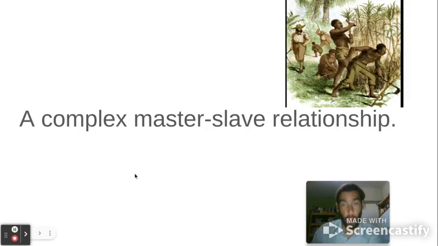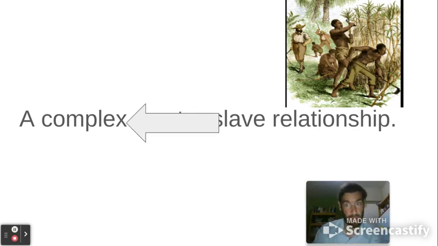Okay. We also talked about this. There is a complex master-slave relationship. That means that it's not just like this in this picture, where the slaves were controlled. It is much more complex than this.